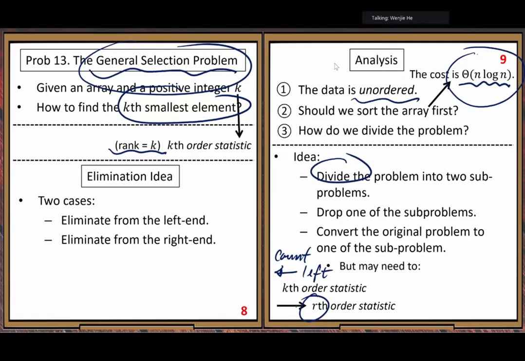After some comparisons, we may have enough information to eliminate from the right end. So with elimination from the left end and from the right end, we can reduce the problem size as much as we can.